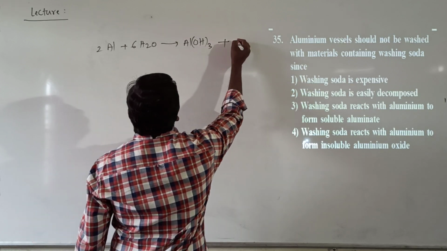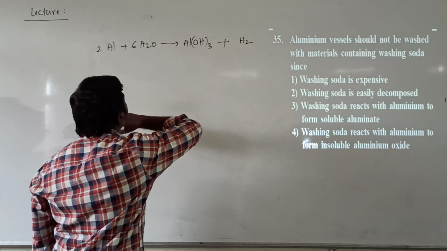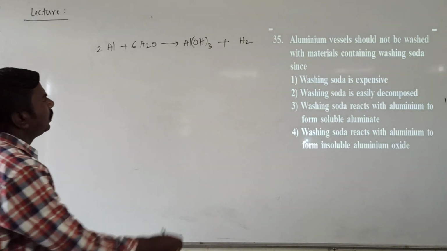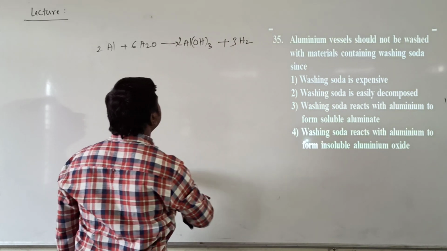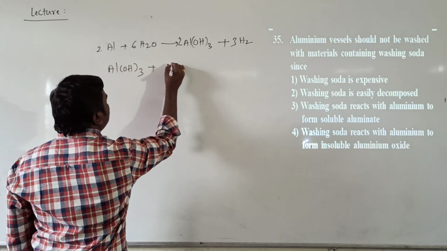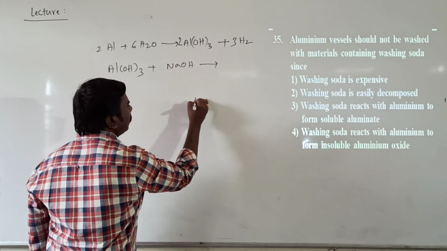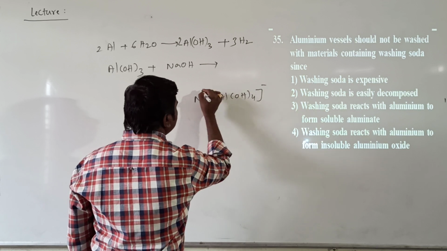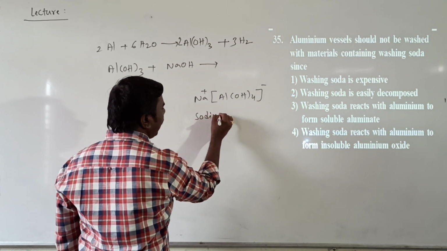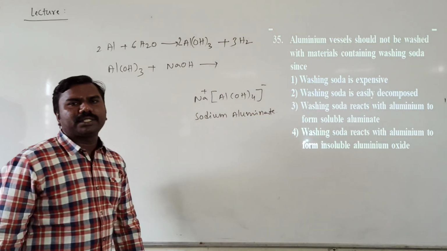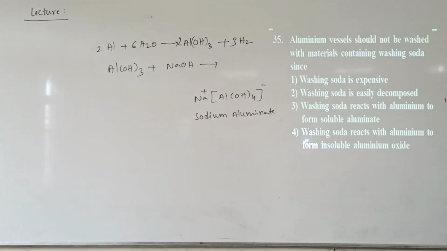Then Al(OH)3 plus NaOH gives rise to Na[Al(OH)4], sodium aluminate. Very important, the balanced equation is only like this.